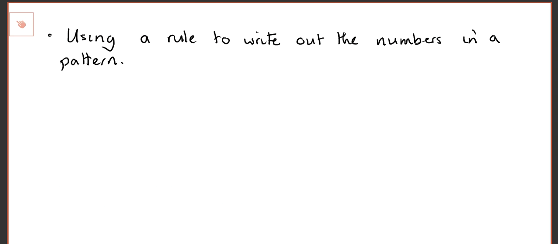Okay, using a rule to write out the numbers in a pattern. So, we're just recapping, refreshing. If I said to you, Tn equals, Rocco, could you give me a rule that would give me a linear pattern? 5n subtract 3.